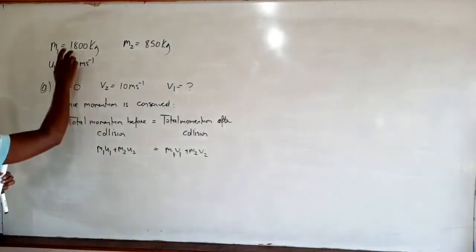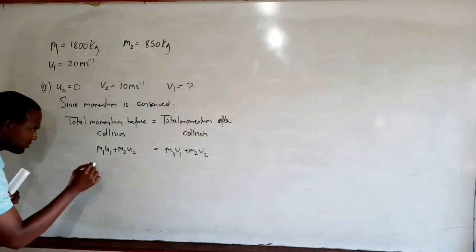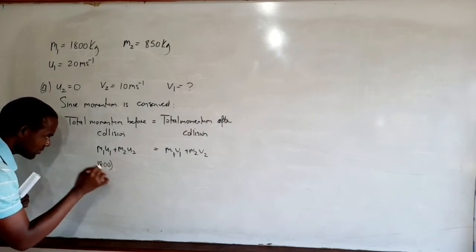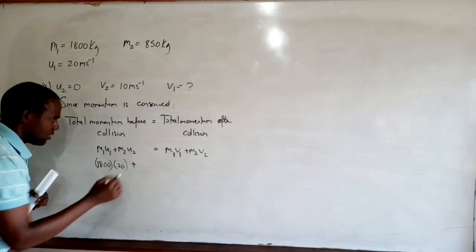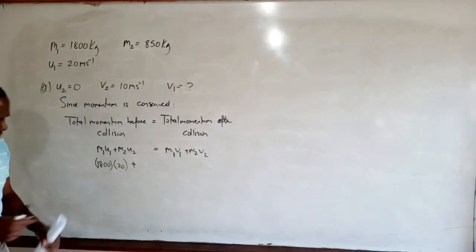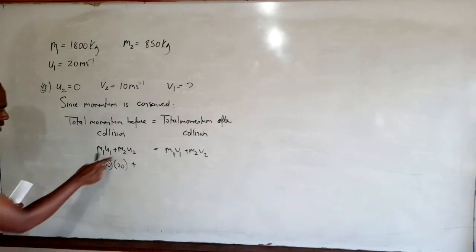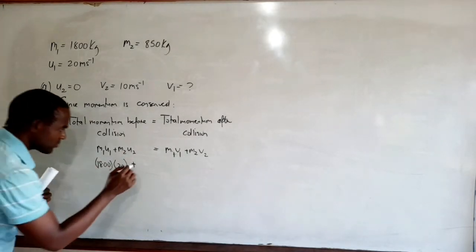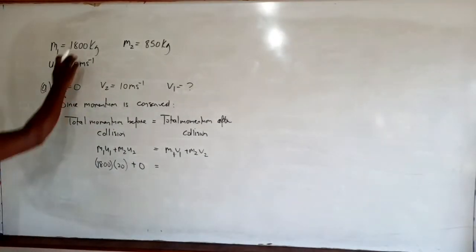So m1 in this case is 1800, u1 is 20, and so we have 1800 times 20 plus the smart car is initially stationary, and therefore its initial momentum m2u2 is 0, and this gives us m1 still 1800.